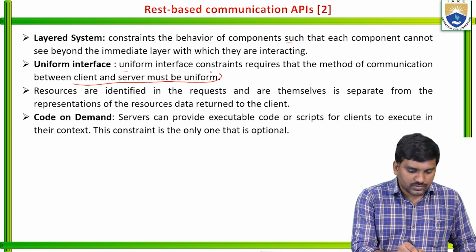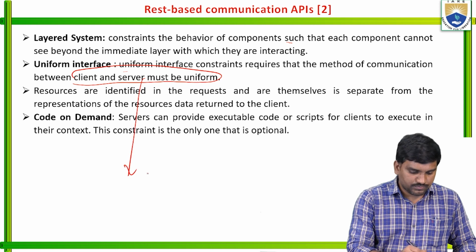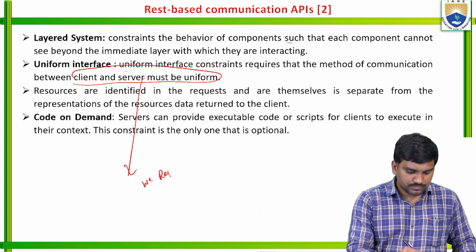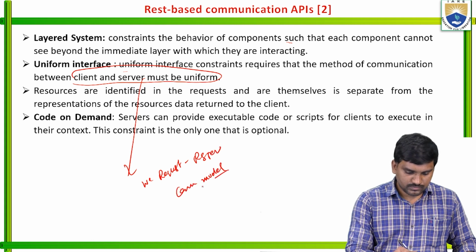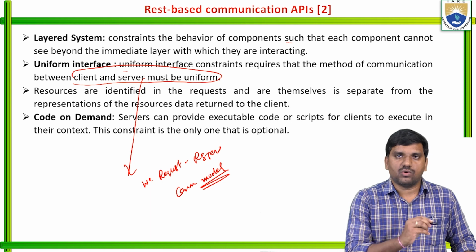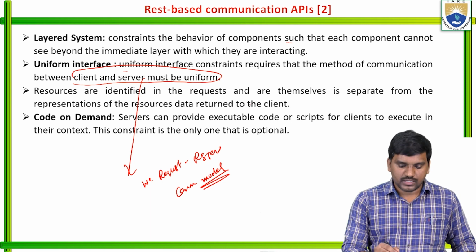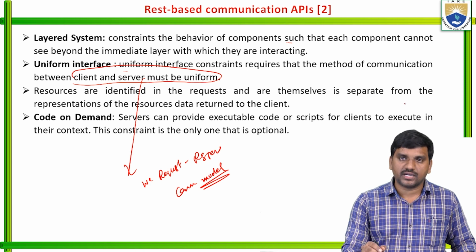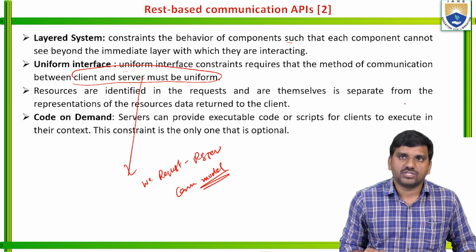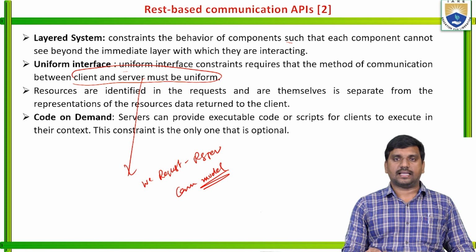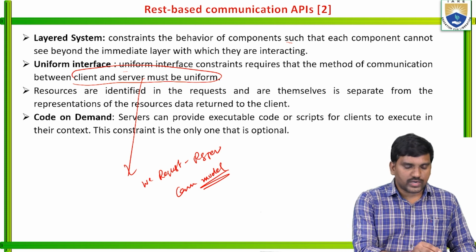That's why we use the request to response communication model. That is about uniform interface. So resources are identified in the request and are themselves separated from the representation of the resource data returned to the client.